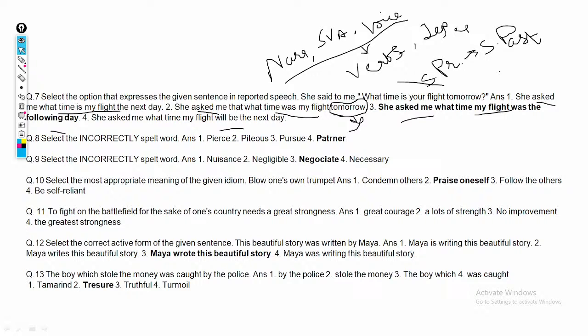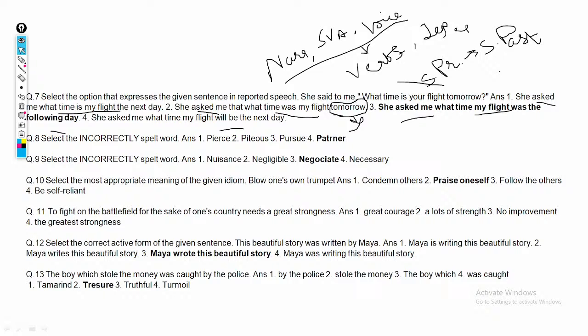The next two are some incorrect spellings which are given, and that you have to carefully know, and this is also the reason why you have to see and read random words. This will also serve your purpose for vocabs as well as spellings, as well as antonym, synonym, everything. So number 1 is Pierce. Pierce spelling is correct.